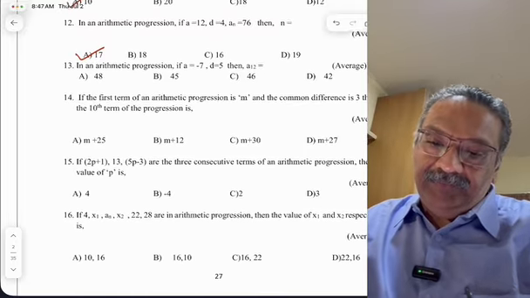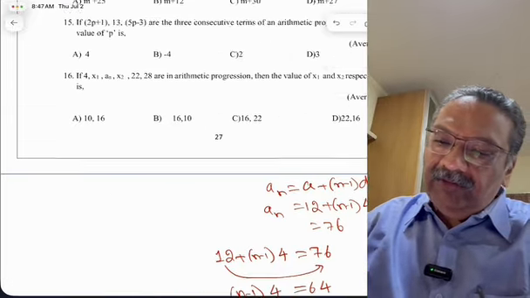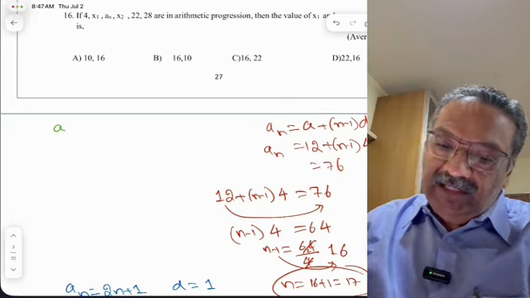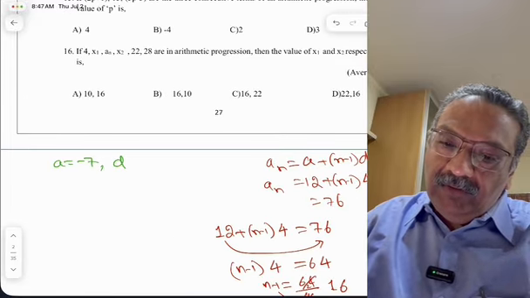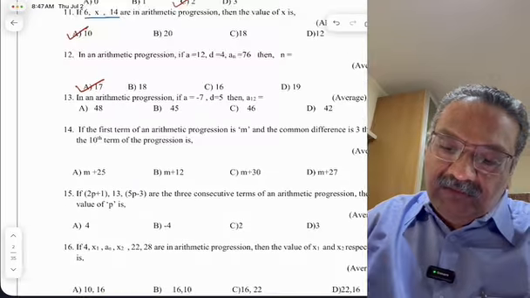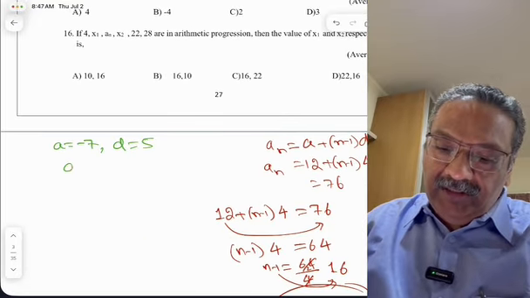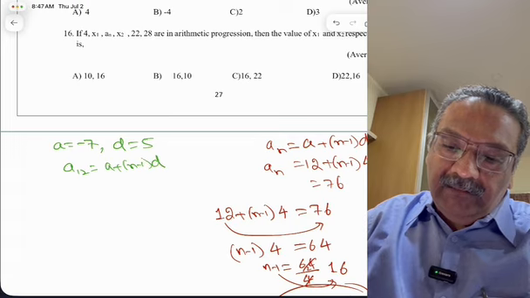Then a very similar question. In the 13th question, they have given a is equal to minus 7 and d is equal to 5. They have asked us to find a12. Then a12 is what? We know that an is equal to a plus n minus 1 into d.